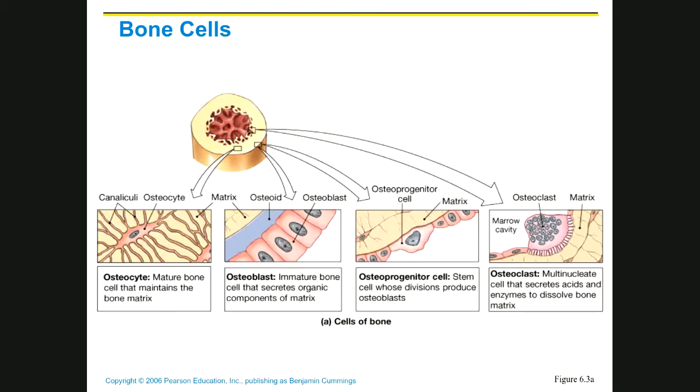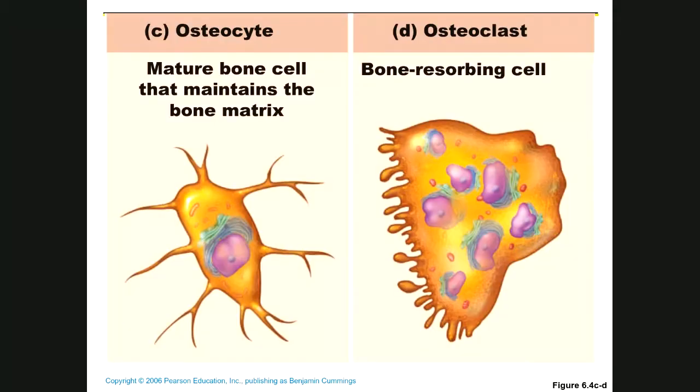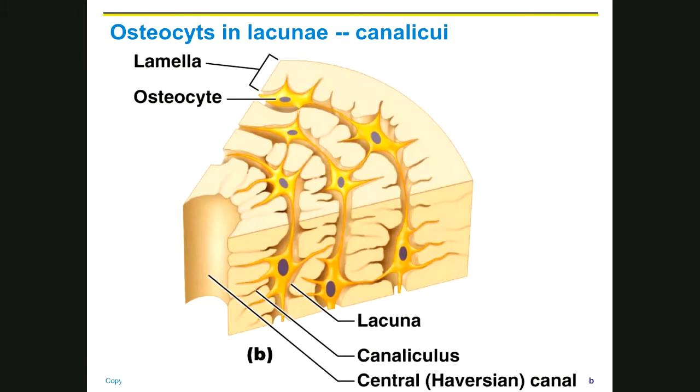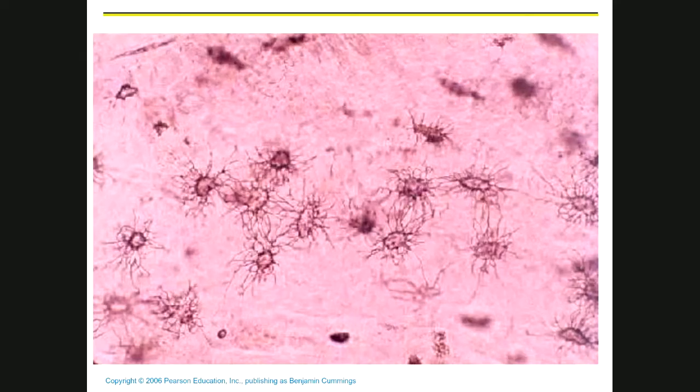And then we already know about another type of cell. We know about osteoclasts. So remember, these are the ones that destroy bone. They absorb it. They release these things like acids and enzymes, and they destroy the bone. And then all that material gets reabsorbed. Well, when you look at them, they look like this.